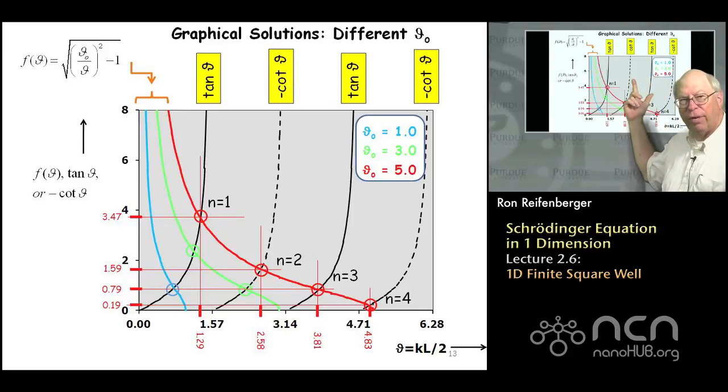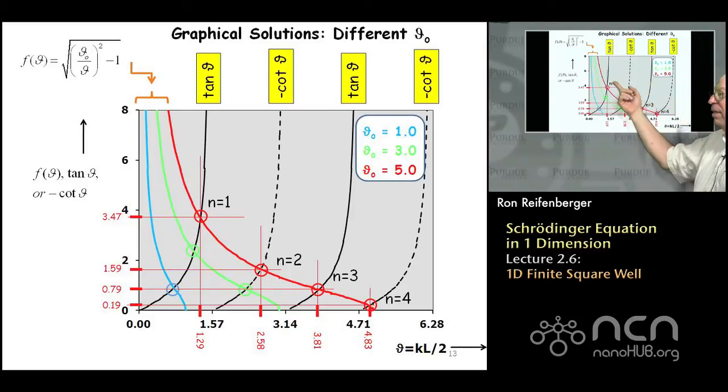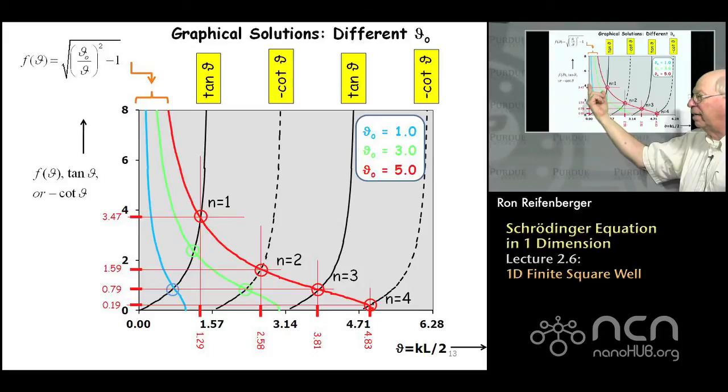In a few minutes, we'll discuss what parameters are required to produce these particular values of theta naught. But once I specify theta naught, then I can plot the square root function, as I've drawn here. I get a red curve for theta naught equals 5, a green curve for theta naught equals 3, and a blue curve for theta naught equals 1.